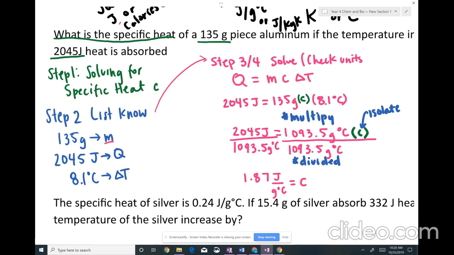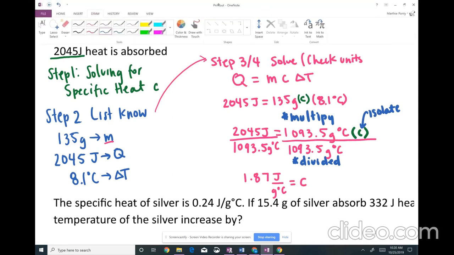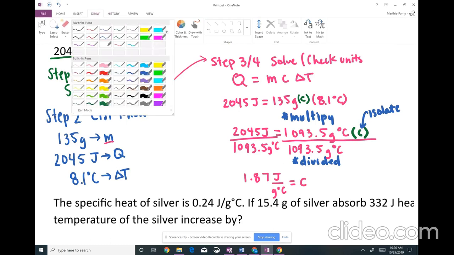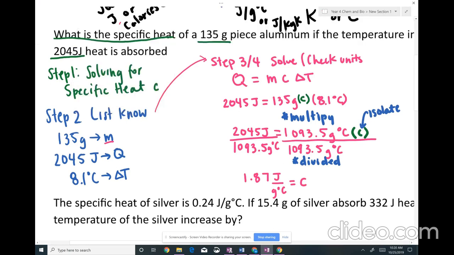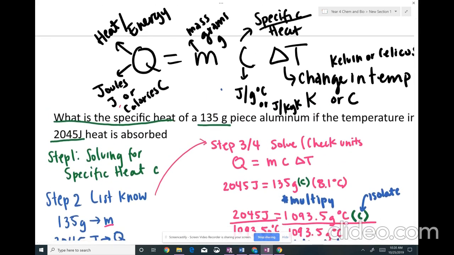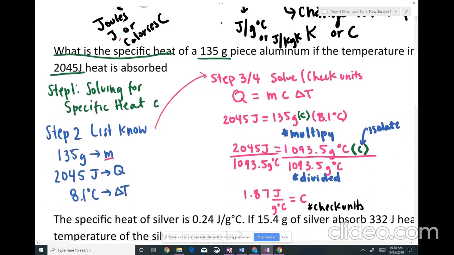Okay, so the next thing that we have to do is double check units. We're going to make sure that our units are okay. So I go up here and I see, am I in joules, grams, and degrees C?